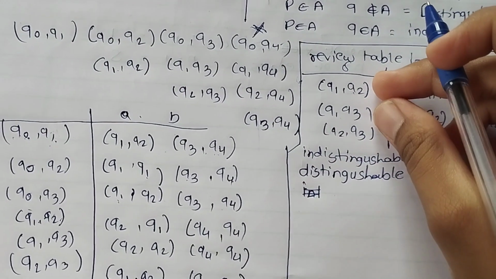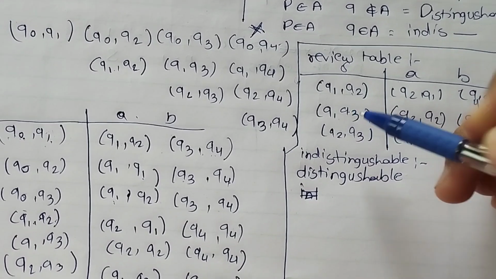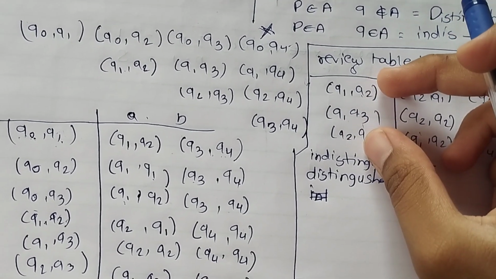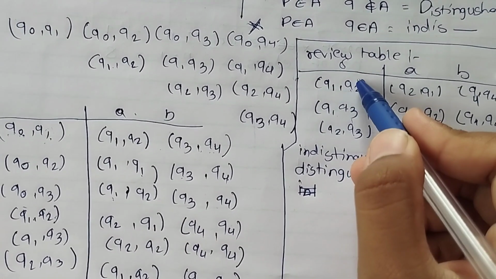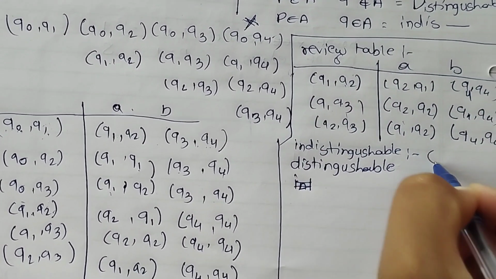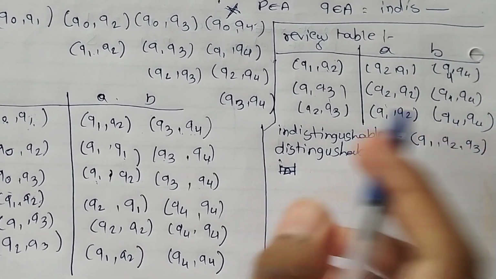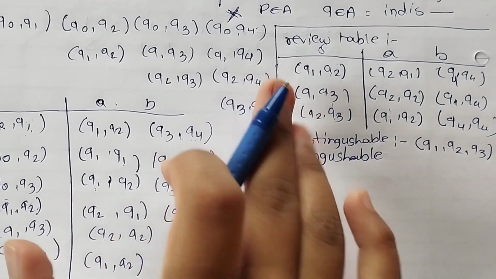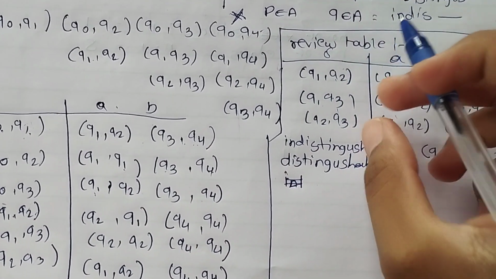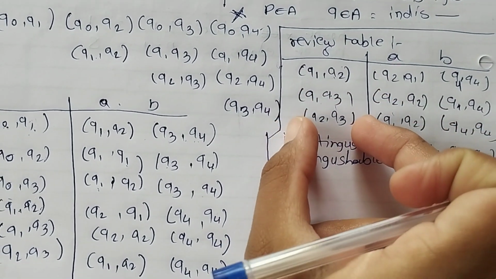But if we take the intersection, Q1 is common in these two pairs, in these two Q3 is common, and in these two Q2 is common. So instead of writing these pairs again, we form one group which is Q1 Q2 Q3. If there is no common state between two pairs, then we write each pair separately.